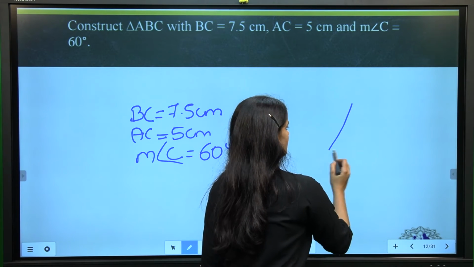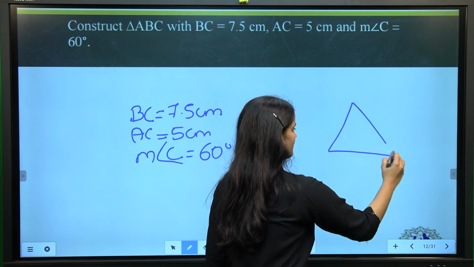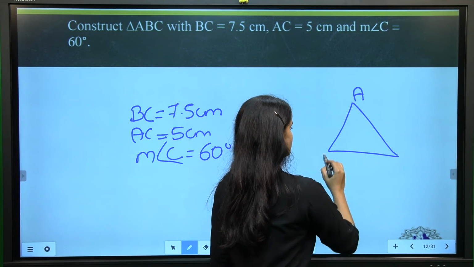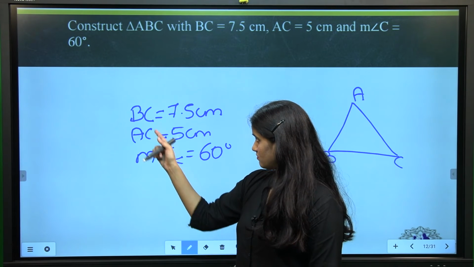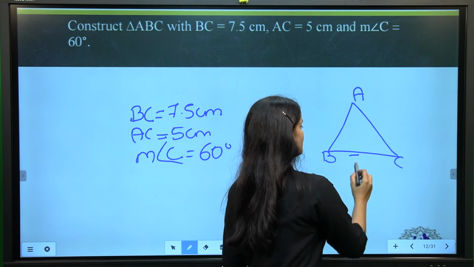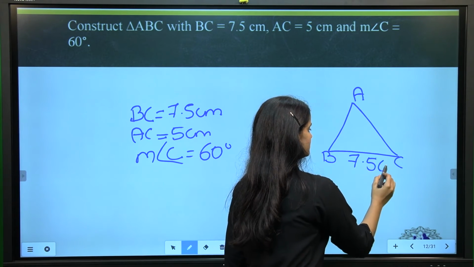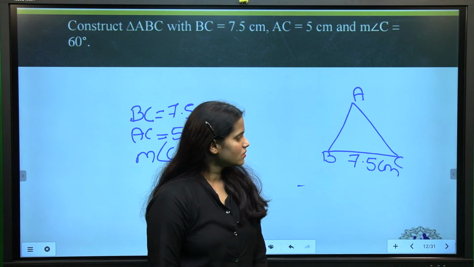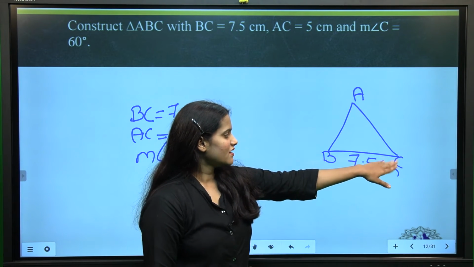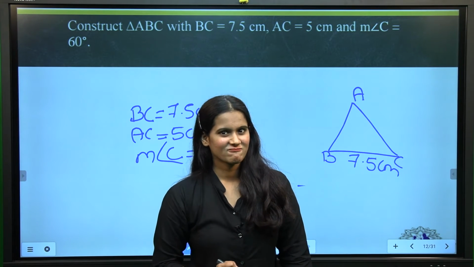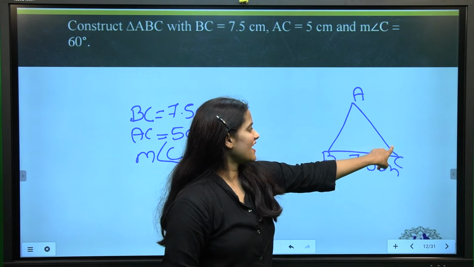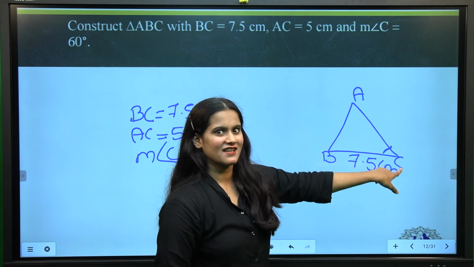So if I take ABC here. What they are given? They are given BC. BC is 7.5. See now, if I draw like this, now the C will be having 60-degree measurement. Here if I write like this, it will be 120, right?